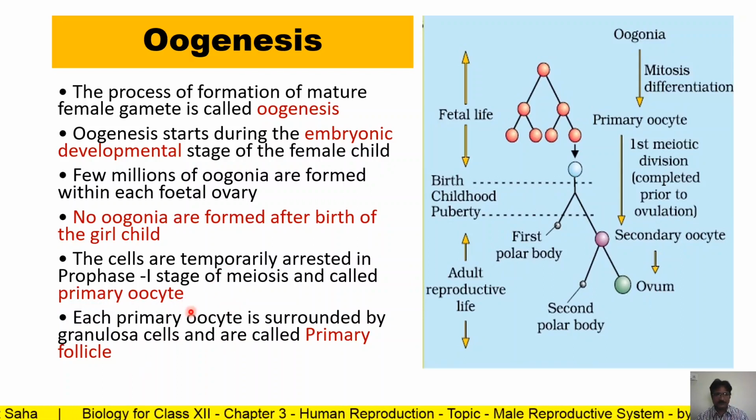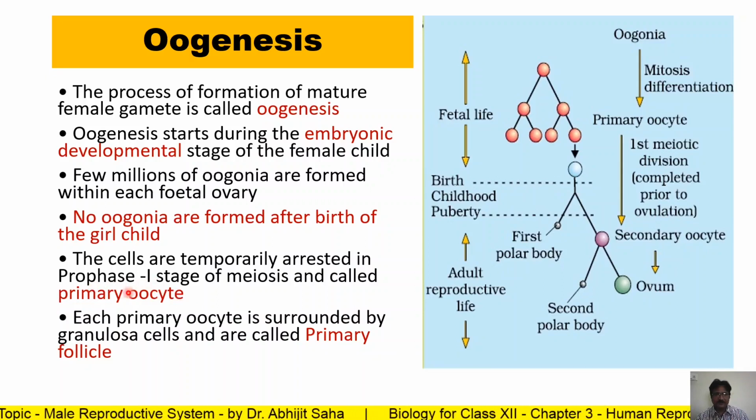So don't confuse that. In oogenesis, no oogonia are formed after birth, and the cells are temporarily arrested in the prophase 1 stage of meiosis, and these cells are called primary oocytes. This is the part of oogenesis.